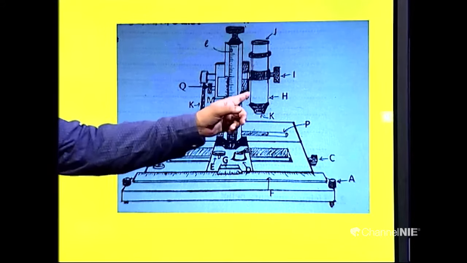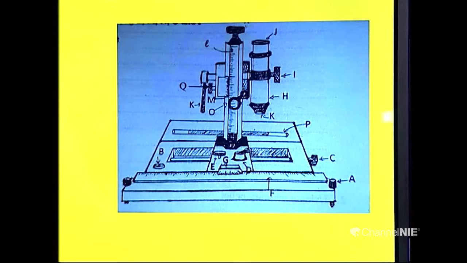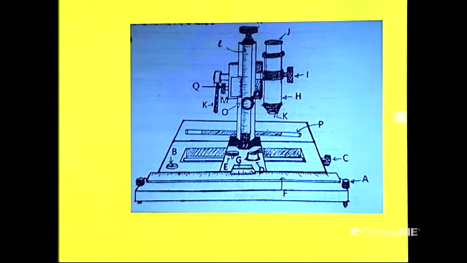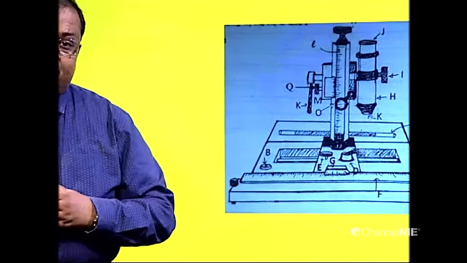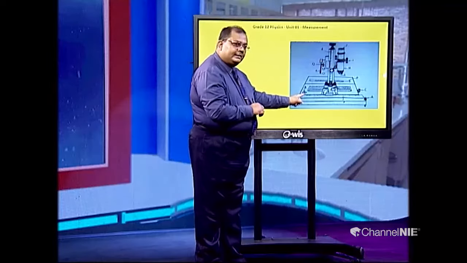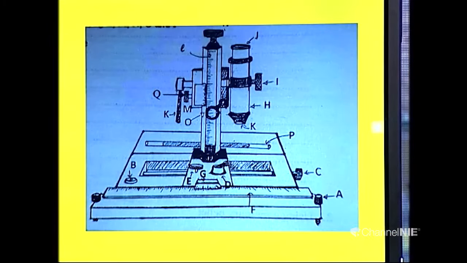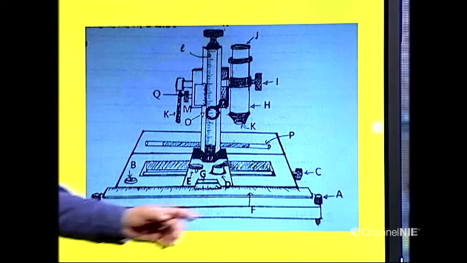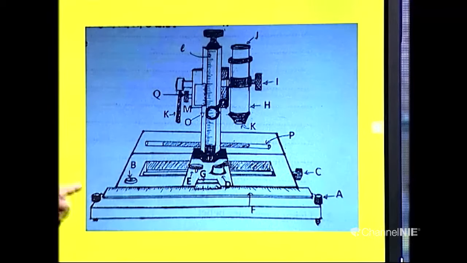Otherwise, this traveling microscope can't move vertically and horizontally exactly. So first we have to level this. To level this, we can use these tilting screws, that means leveling screws A, and here you can see the spirit level. Until the air bubble in the spirit level comes to the midpoint, we have to rotate the leveling screws. Then exactly this platform is horizontal.